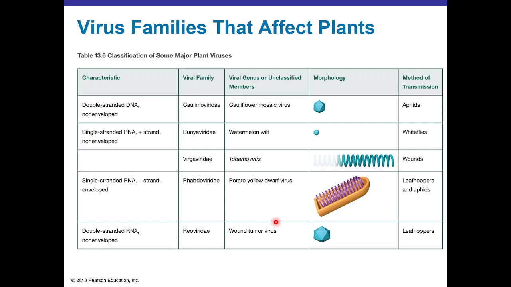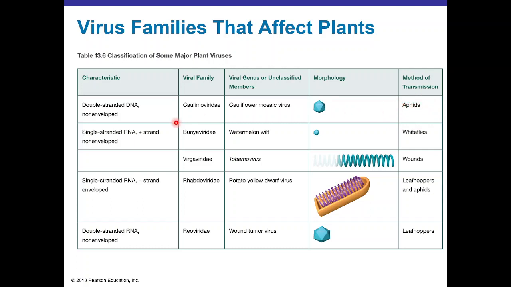So here we have a table showing you the different families of viruses that can affect plants. So here we have a double-stranded DNA virus, non-enveloped, that is called cauliflower mosaic virus. So the morphology is icosahedral, and it is transmitted by this insect, aphids.